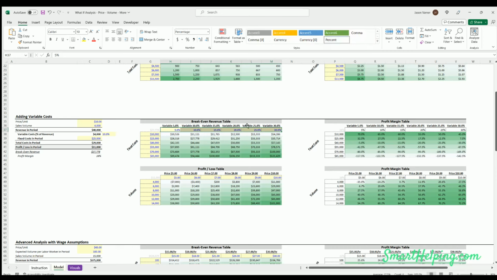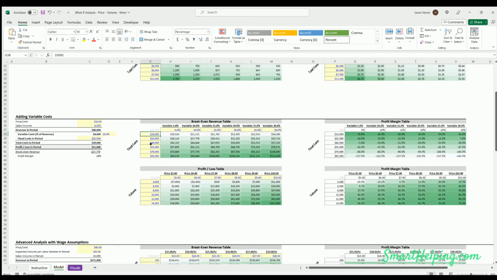So that'd be like your material costs. It depends on the type of business, but just anything that directly scales, like if you sell 1,000,000 units versus 5 units, what costs change as you sell more units? And so that's that cost here.